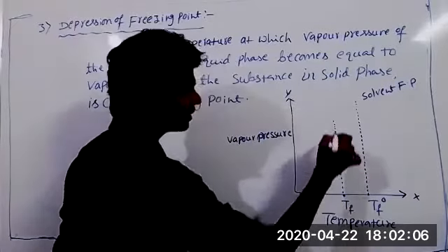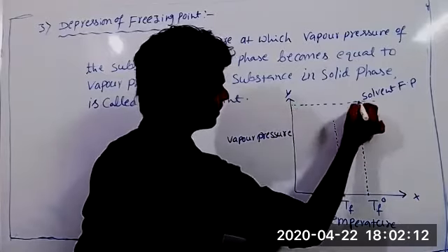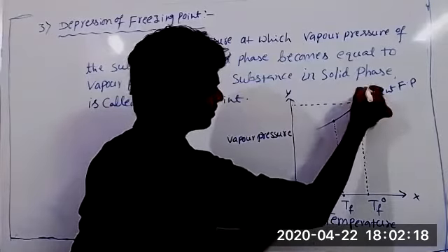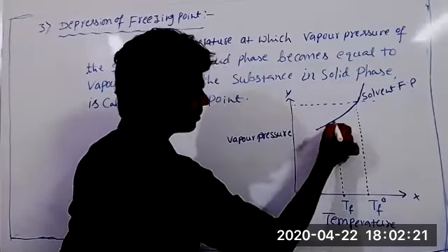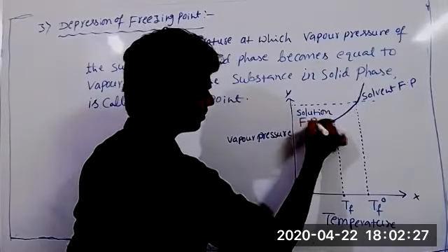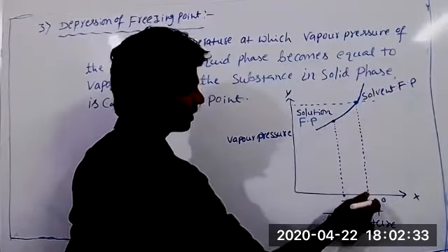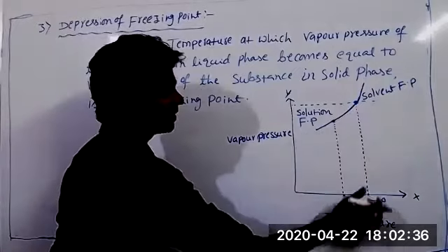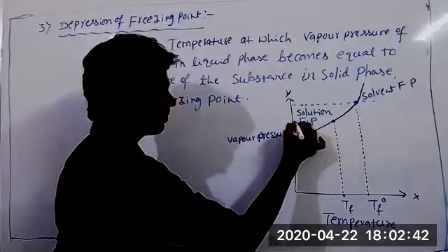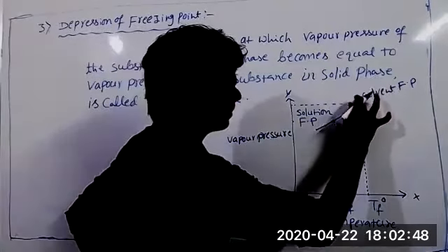TF is the solution freezing point. This point refers to the solution freezing point, and this point refers to the solvent freezing point. This is the solvent freezing point and its vapor pressure. This is the solution freezing point and its vapor pressure. Draw the curve.